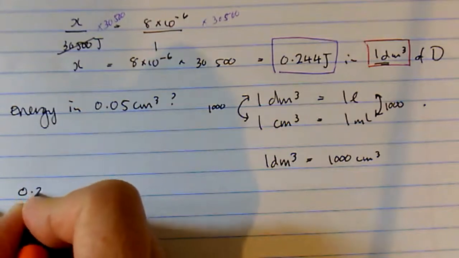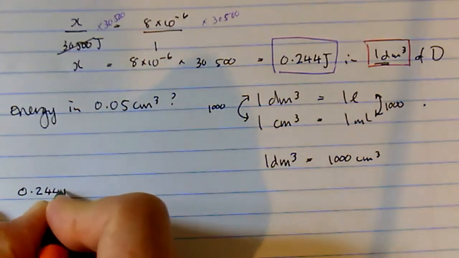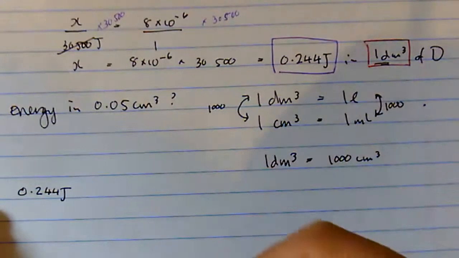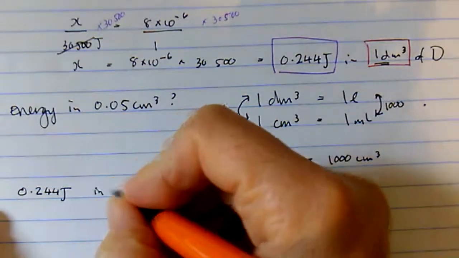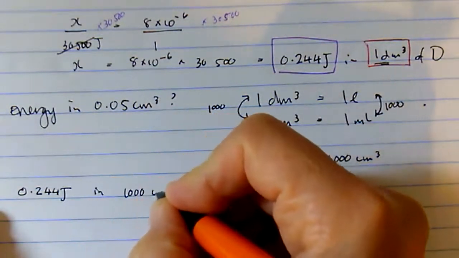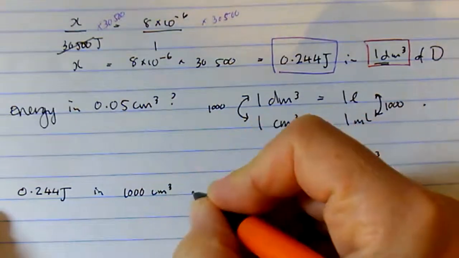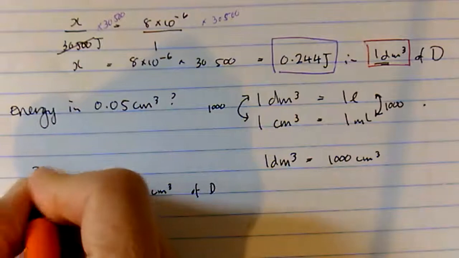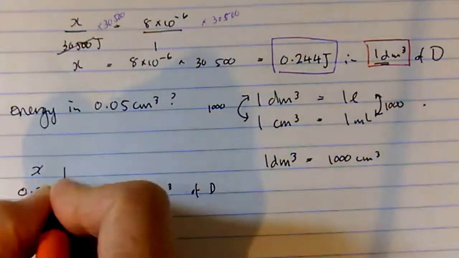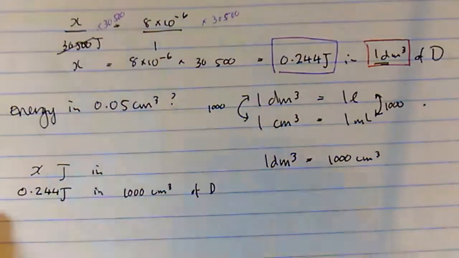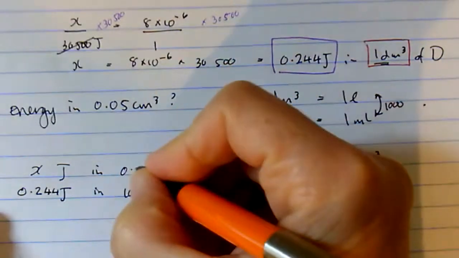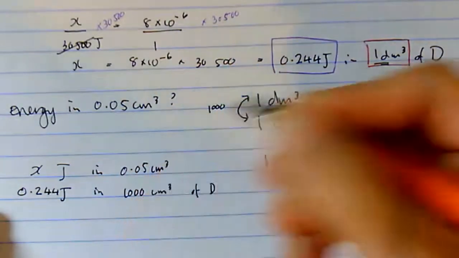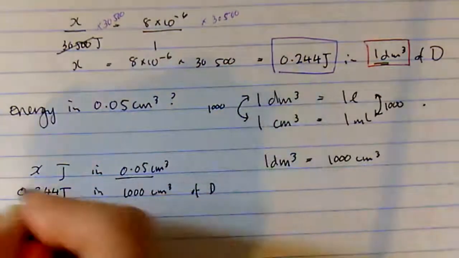Okay, so if 1 decimeter cubed is equal to 1,000 centimeters cubed, it means that there is 0.244 joules of energy in 1,000 centimeters cubed of D. So the question we're asking is, how many joules are there in 0.05 centimeters cubed of D?